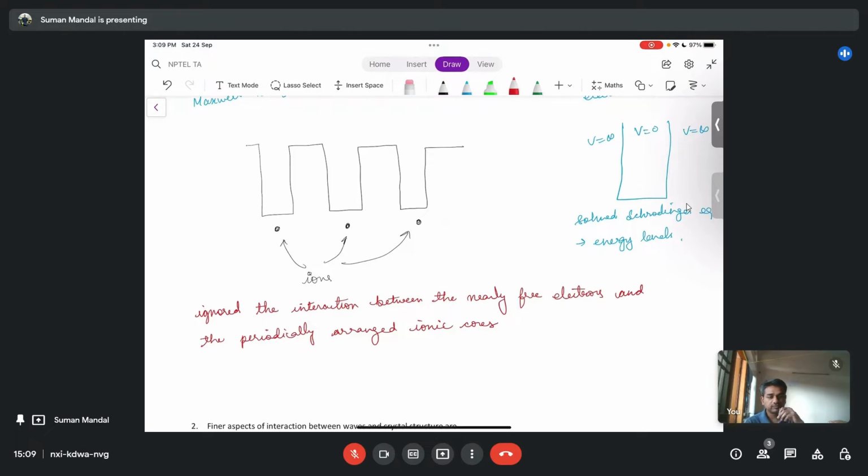And this will become very important because we will see later that we will have something called the Kronig-Penney model, which we'll be discussing in the subsequent classes. It is very important to study the effect of the wave nature of these nearly free electrons with the periodically arranged ionic cores. We had a question in the last class also that this is what determines the crystal structure.